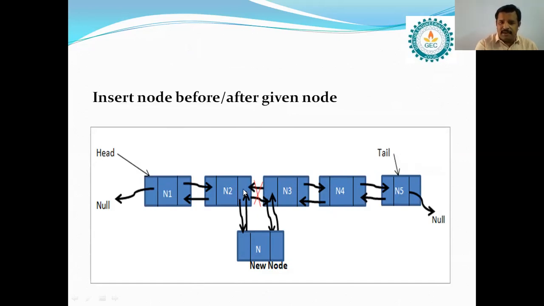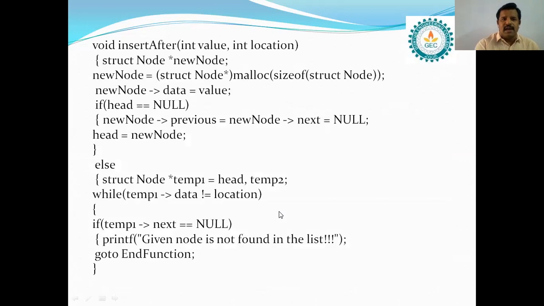So the next pointer of the node N2 will point to the address of the new node, and the next part of the new node will contain the address of the next node. In this way, we can adjust the pointers, and this is the code for inserting the value after a specific location.